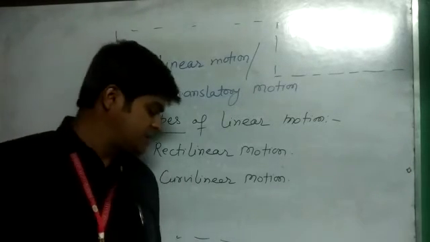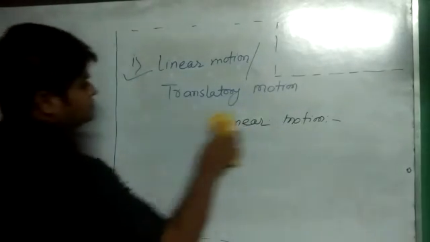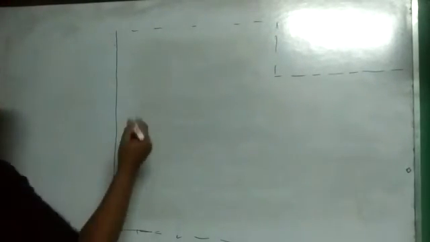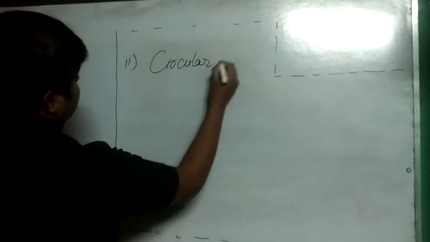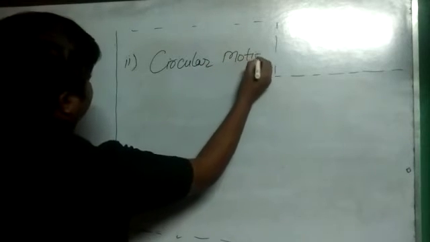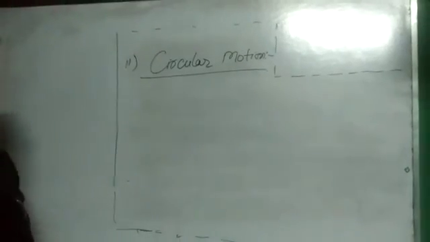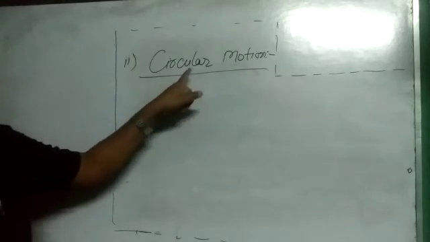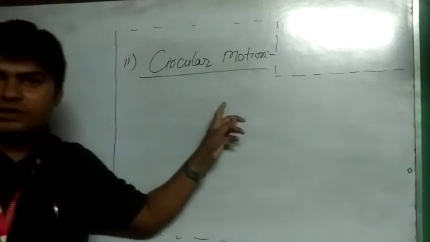Now the second type of motion is circular motion. The motion in which an object moves in a circular path is called circular motion.